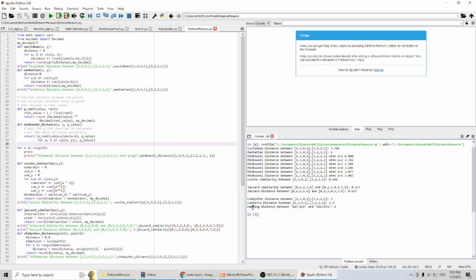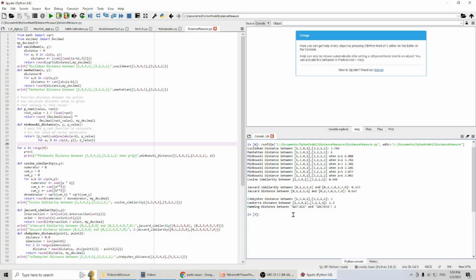Then I calculate this Chebyshev distance between those two vectors, which is 3, and the Canberra distance is 1.3, and this Hamming distance between those two strings is 2.